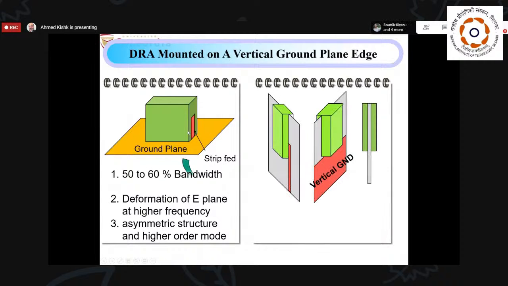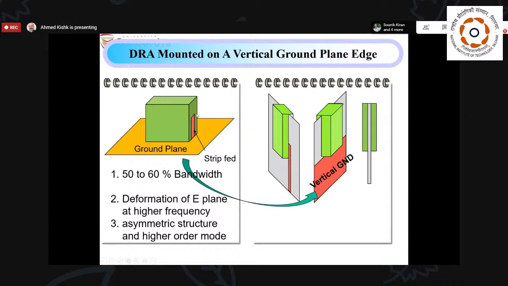But we can make the horizontal ground plane a vertical ground plane. How we do it is by having this as a dielectric substrate. On this dielectric substrate, we can have a ground plane on one side ended at this position, and the microstrip coming all the way here.